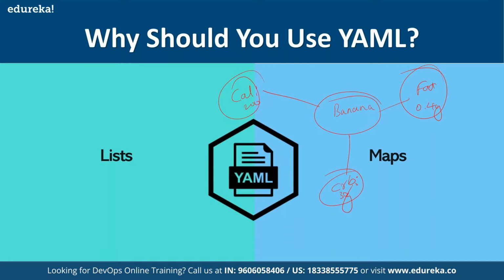If I want to represent these relationships, which are under the banana, then the indentation plays an important role. I'll say banana colon, and then all the three things are at the same level. Calories, let's say 200, fat colon 0.4 grams, and carbohydrates 30 grams.